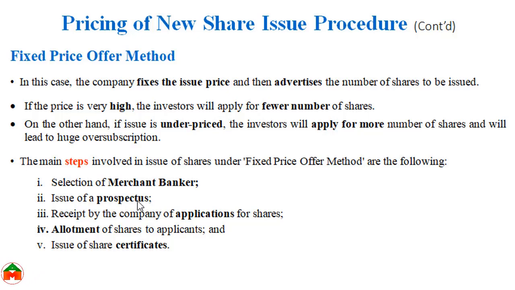A prospectus is one kind of advertisement where you have to mention the purpose of raising capital, the amount of capital, the time of receiving applications and the time of closing the applications. After disclosing the prospectus and after selecting the merchant banker, the process is initiated. After that, you can receive the applications from the shareholders. After receiving the applications, you can allot the shares to the applicants and you can issue the certificates.